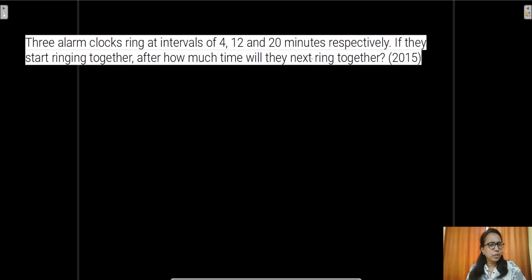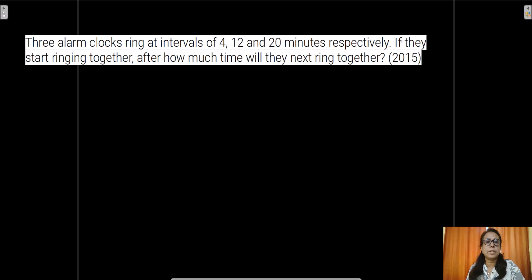That means, do you want to find out the HCF? If you find the HCF, can you find out after how much time they will ring together? No. Because the HCF of 4, 12 and 20 is 4 minutes. Will they ring after 4 minutes?